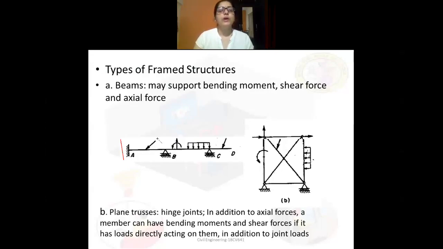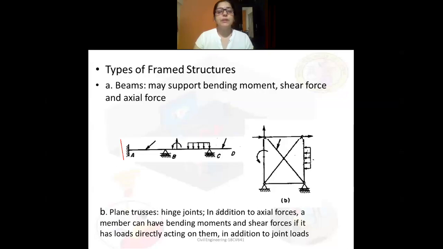So here you have an inclined load, you have a point load as well as a couple and a UDL, again an inclined load, right? So this type of beam may support bending moment. It will support shear force as well as axial force.